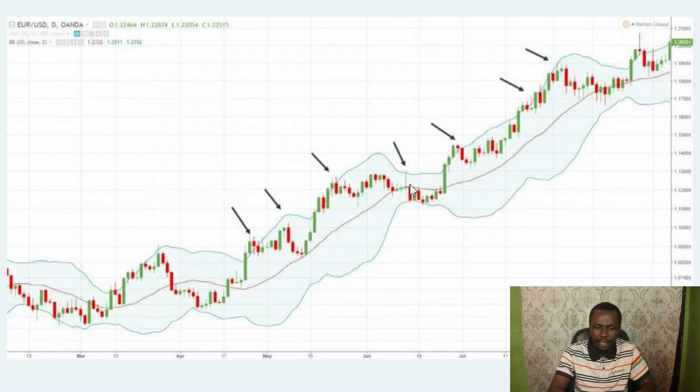Whenever the market comes to this simple moving average, it tends to reverse and continue heading up. You can see clearly that when it comes, it continues going up, comes, goes up, comes, goes up. So that is how simple the Bollinger band looks like, right?